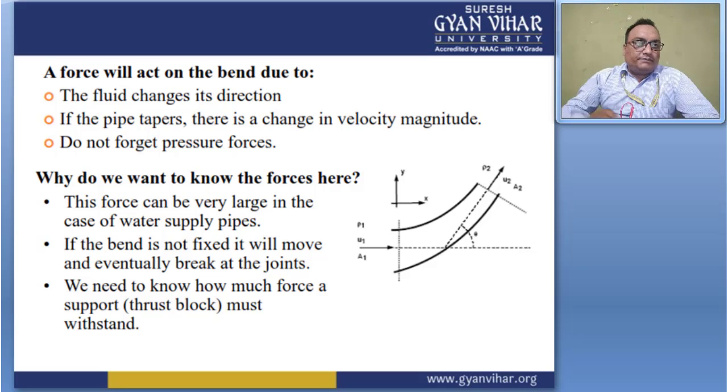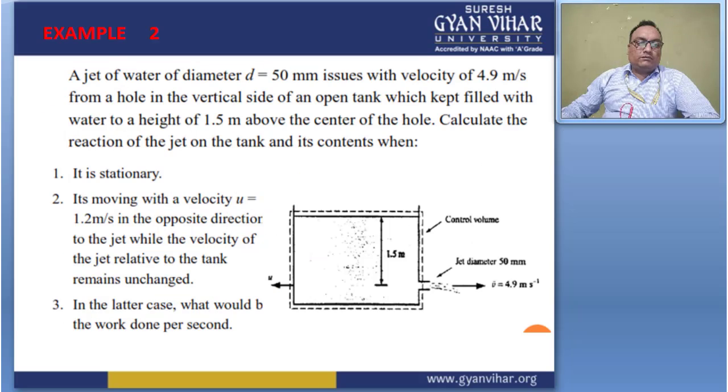for this case, this is example number 2, and here this is a stationary jet with water flowing from it at a velocity of 4.9 meter per second. The jet diameter is 50 mm, this is the control volume, and the depth of water from the jet nozzle is 1.5 meter.